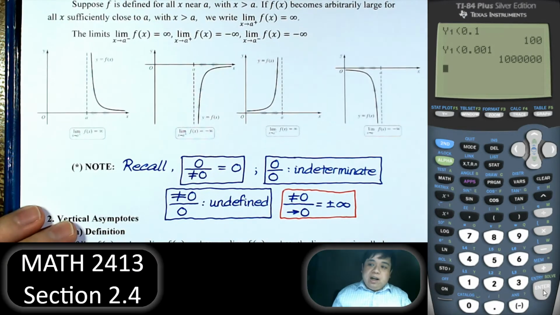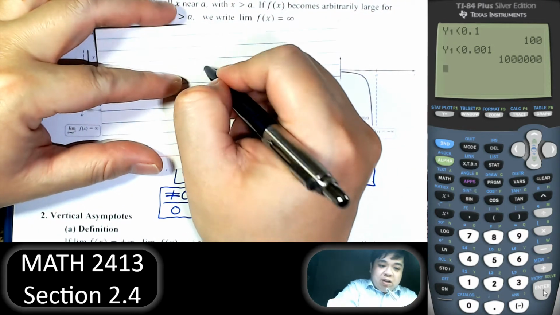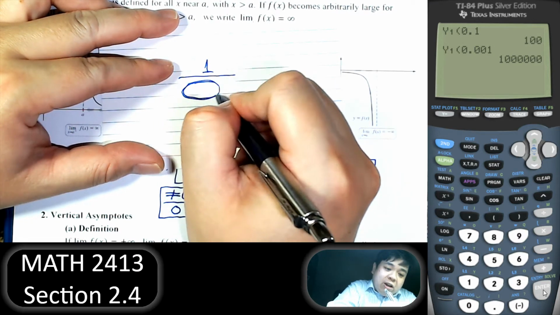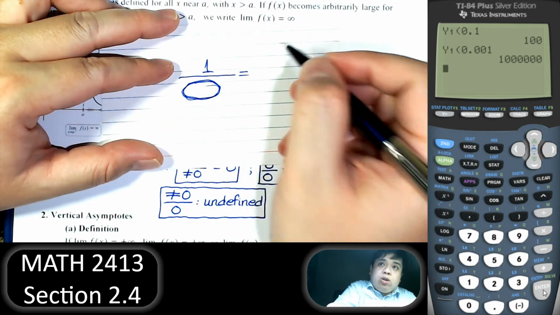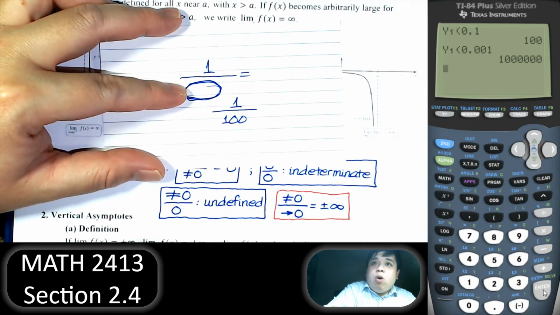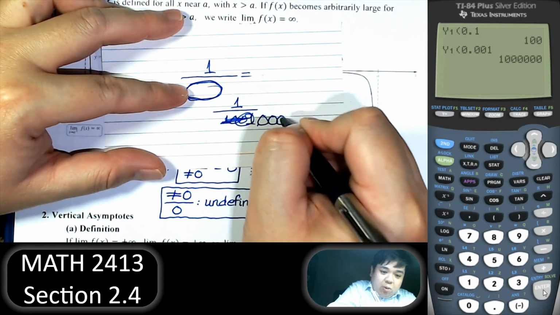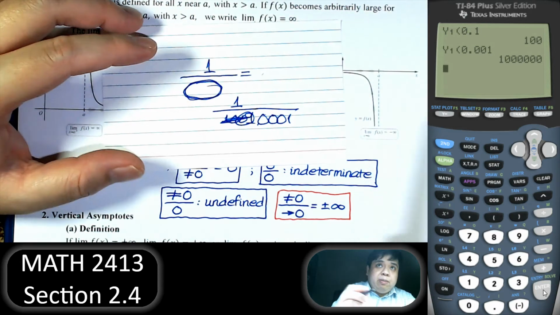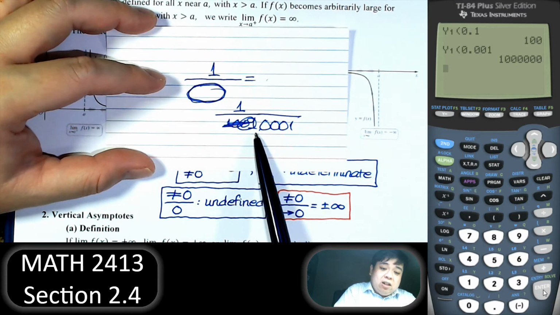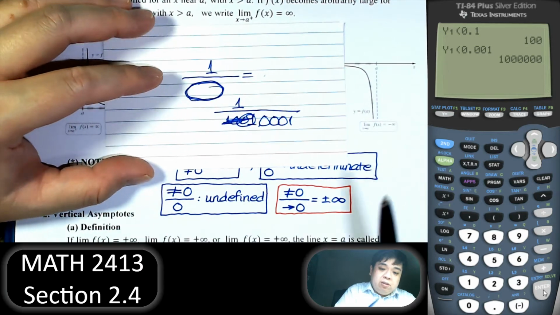If we have a finite number, like for example 1, the smaller the denominator, the bigger the quotient. If we have 1 divided by 100, it is very small. Divided by 1, it is bigger. Divided by 0.0001, it's even bigger. So the smaller the number we divide by, where the numerator is constant, the bigger the result.